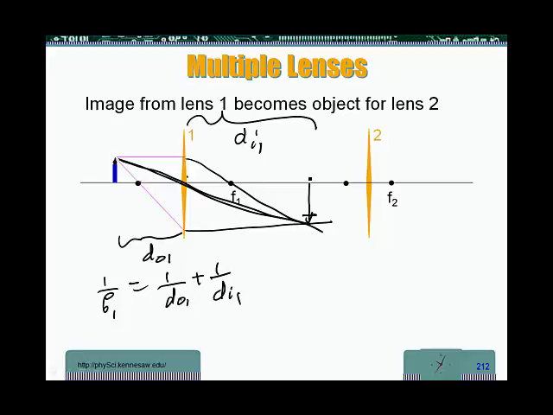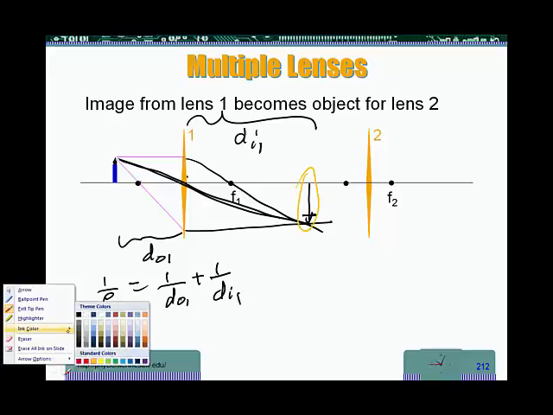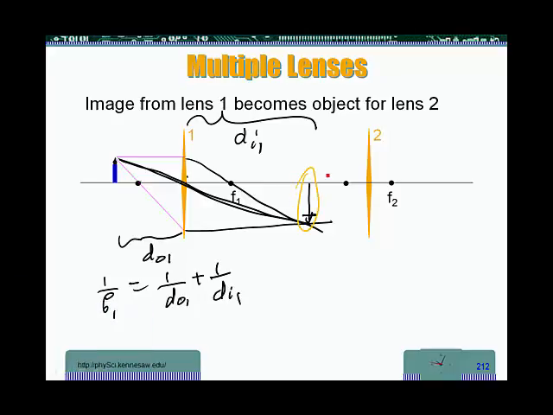This image, okay, let me change color. I don't like that color now. Let's go to red. So this image is going to act like the object for the second lens. So this is going to be DO2.